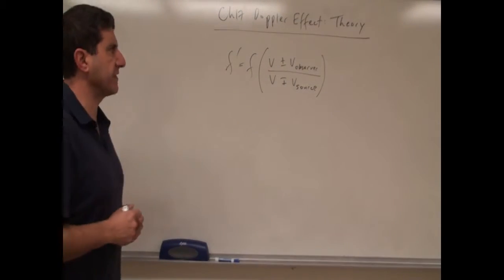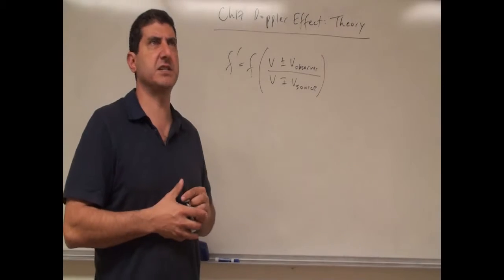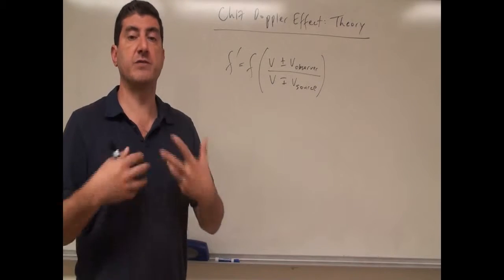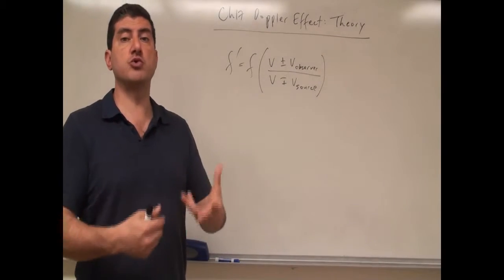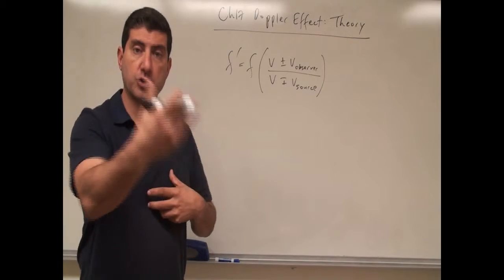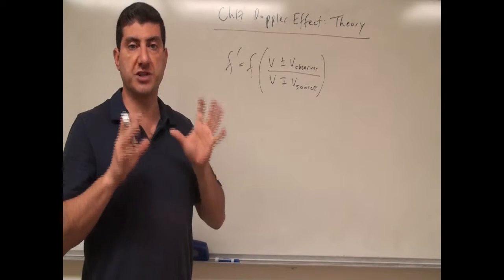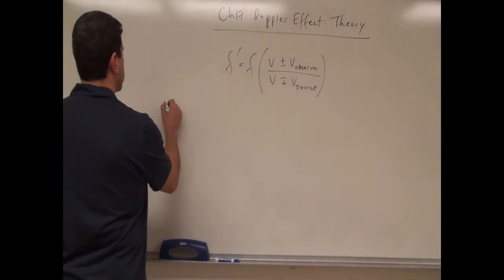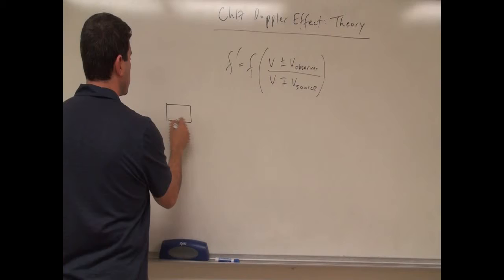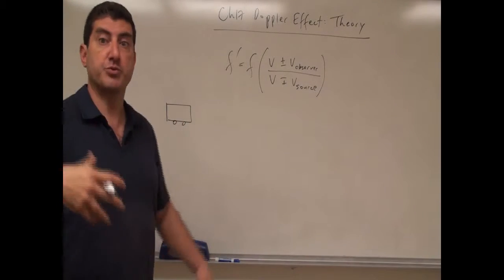Okay, so the Doppler effect, basically we can summarize it as this: it's an apparent shift of the frequency of sound due to the motion of either the source or the observer. So right now let's focus on if the source is stationary. Imagine there's a stationary source, and it could be any source of sound producing device.